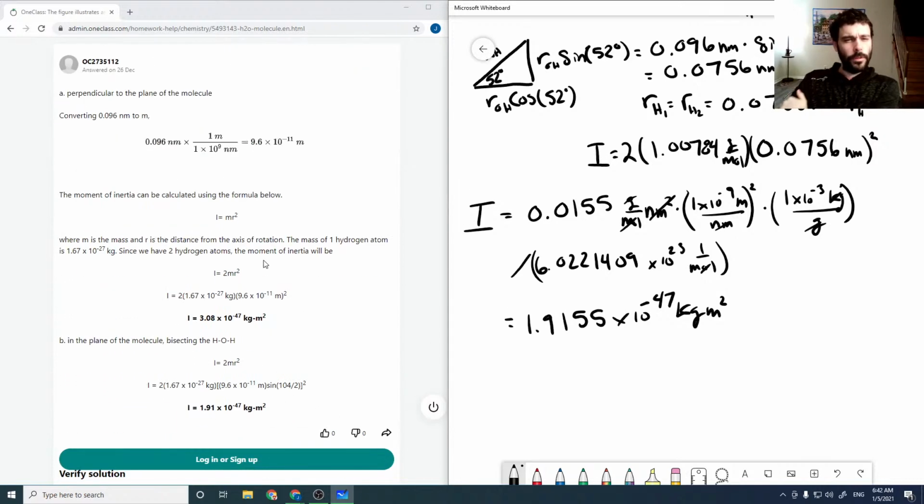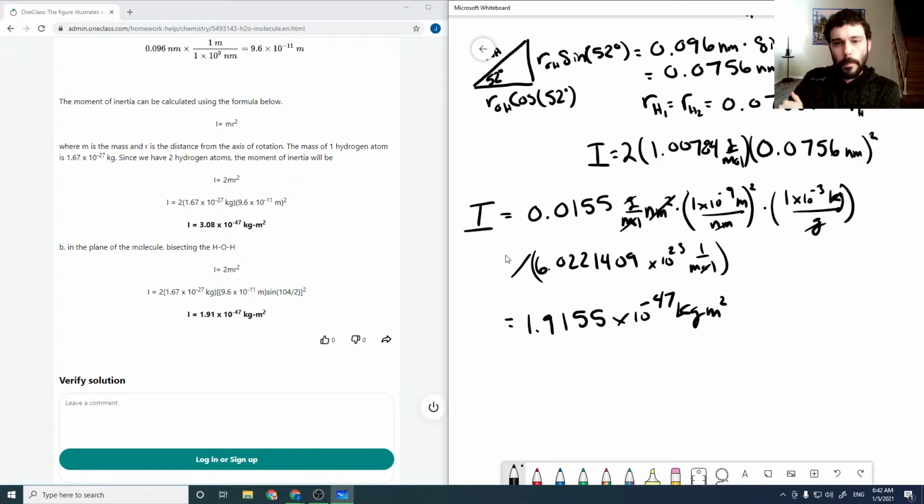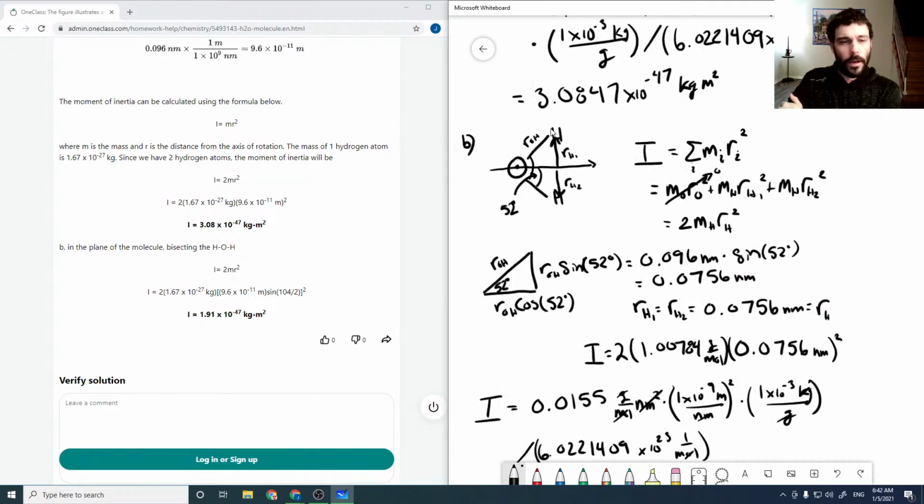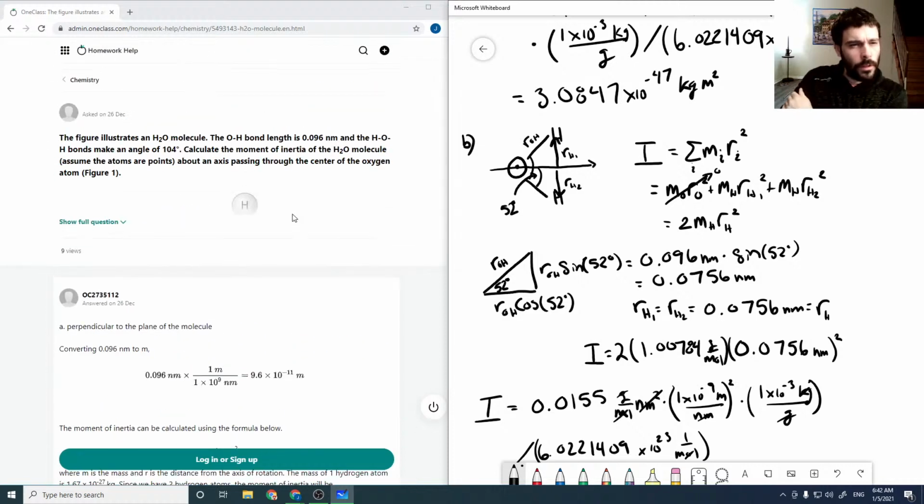If we check through the solution, for part A we got 3.08 times 10 to the minus 47. I should have probably cut that at 2 significant figures. Is it 2? I'll have to double check.